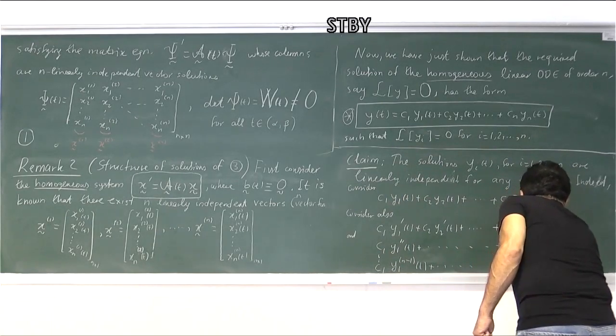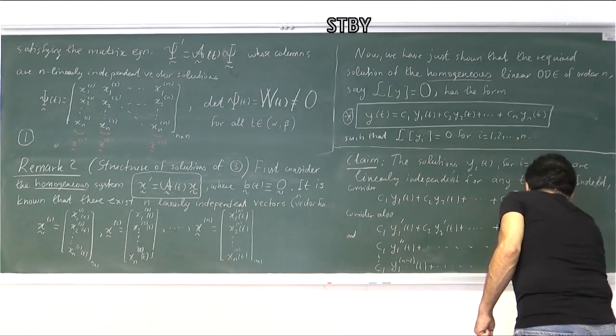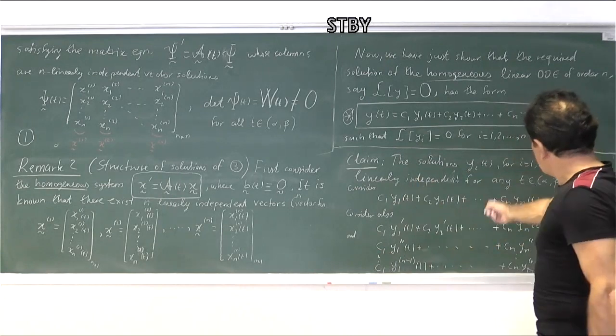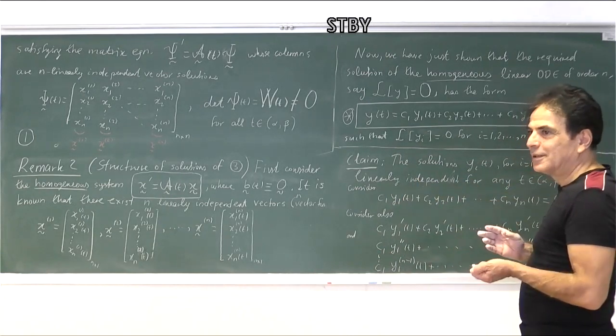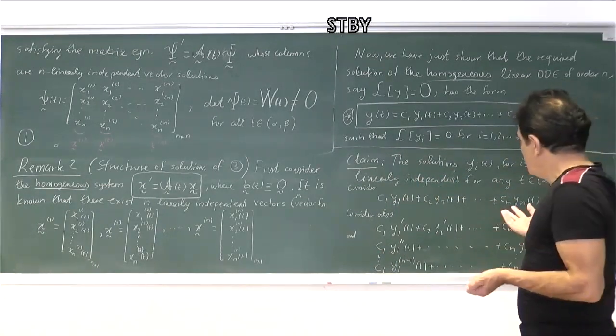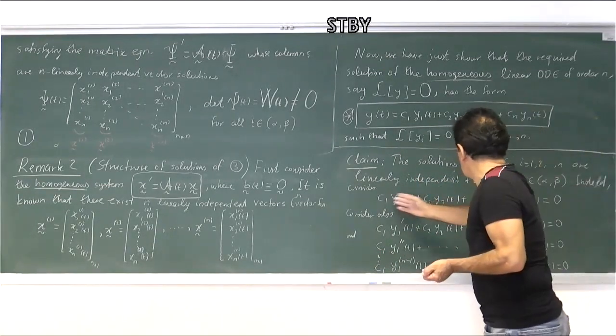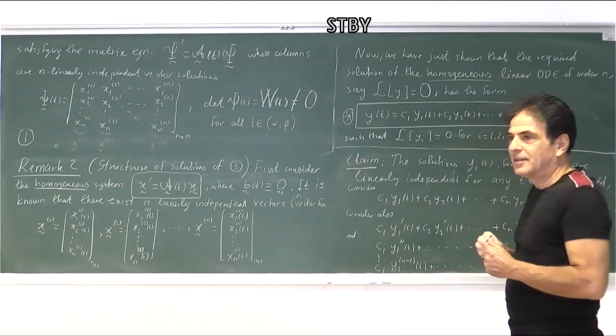Yn n minus first derivative is 0. So we get n equations in n unknowns to determine C1, C2, and Cn.